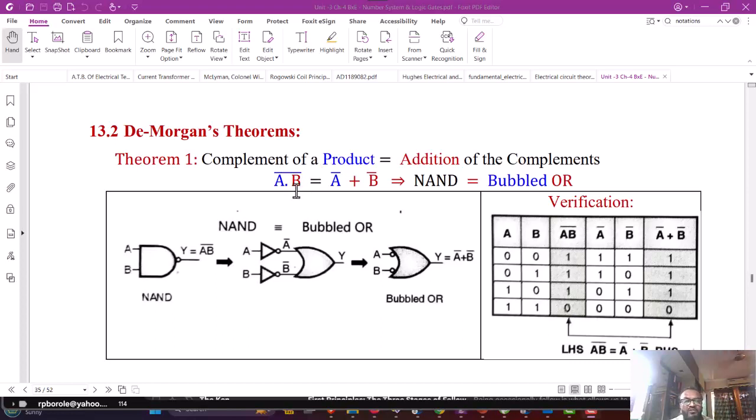The complement of the product A and B, that is A dot B complement, is equal to A complement or B complement as per the first De Morgan's theorem, that is the addition of the complements.